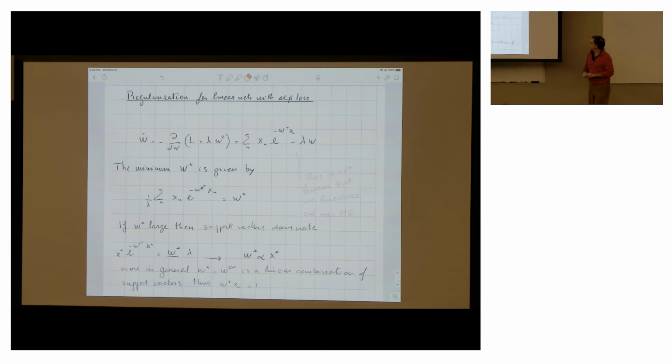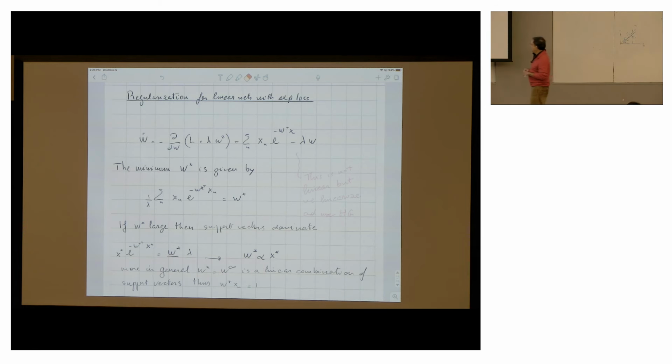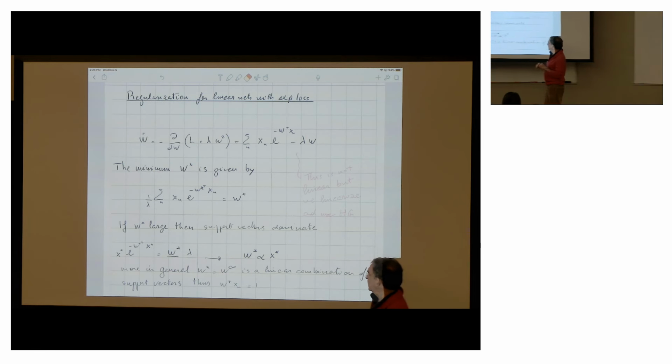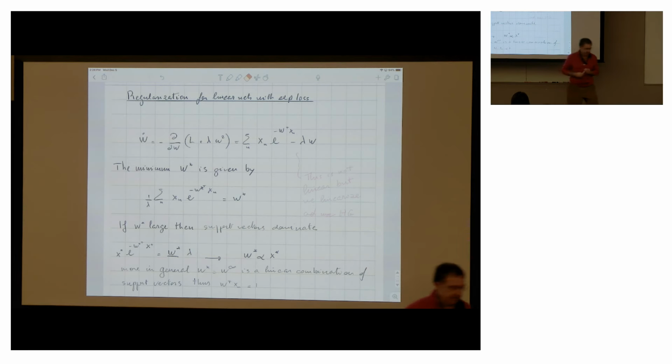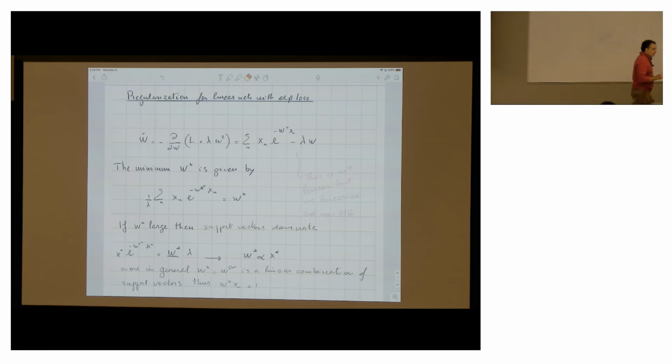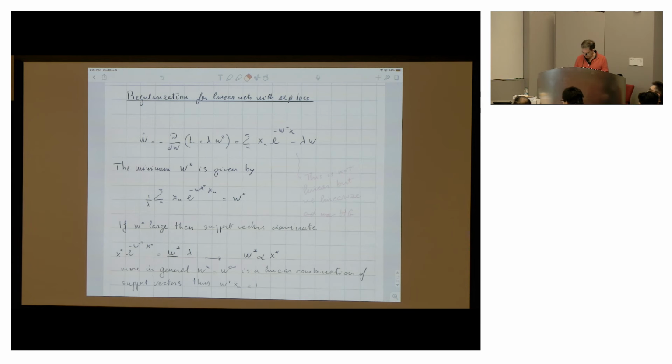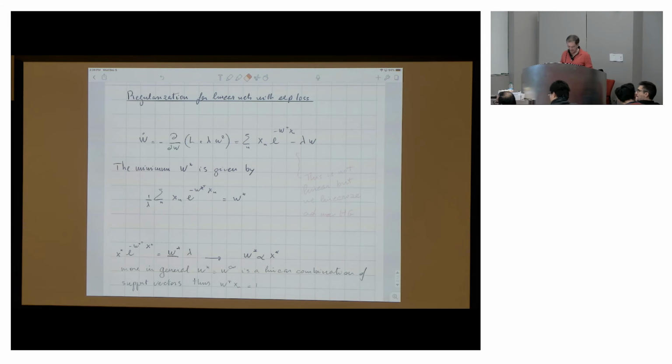And there will be a W star which will solve that equation. And in fact, you find that W star, even without this assumption here, is a linear combination with positive coefficients, this exponential, of the data points.